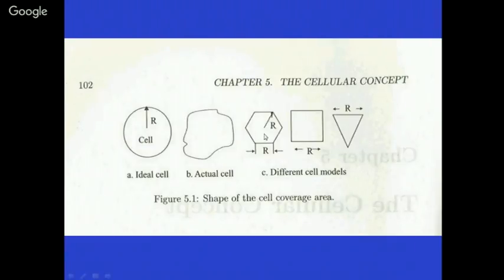If you take this one also, this is also not going to be a completely perfect hexagon. This will also change. All these will change if you take the actual reading at the site. And the boundary of the cell means the contour has equal signal strength.